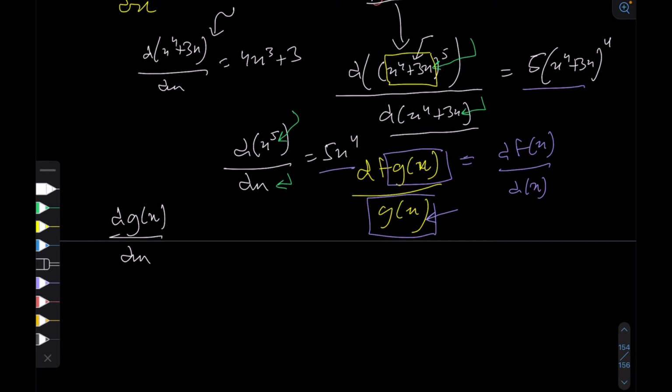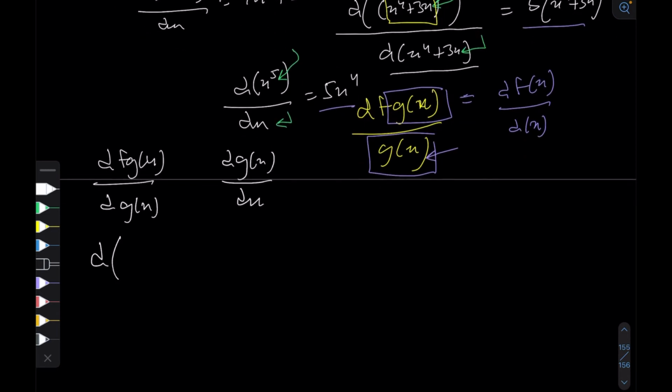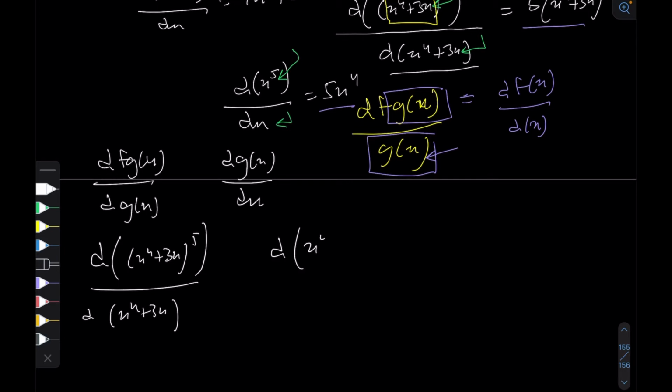Just putting in the numbers, this is what it looks like: the change in (x to the power 4 plus 3x) to the power 5 in terms of x to the power 4 plus 3x, and the change in x to the power 4 plus 3x in terms of x.